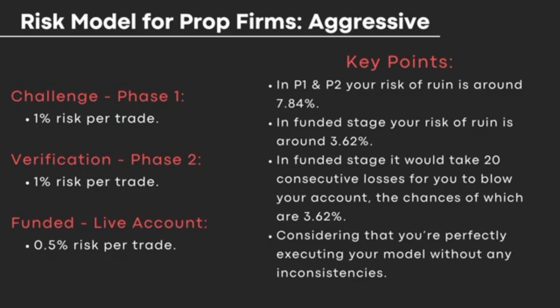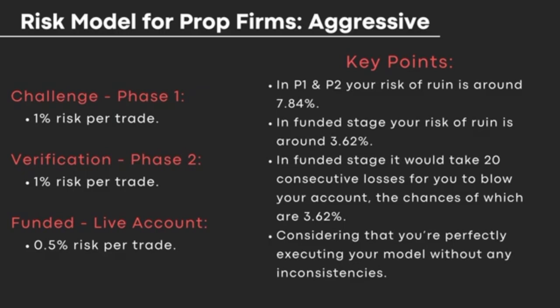Now, an important statistic here is that in phase 2 and phase 1, your risk of ruin is slightly higher, which is 7.84%, because you are risking 1% per trade. And remember, this risk of ruin is calculated based on the metrics of the models that I showed you earlier, which had 40% win rate and 3 risk to reward ratio, right?